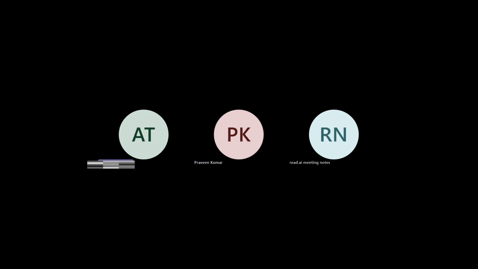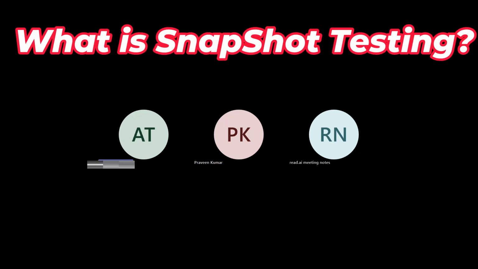Okay. Have you worked with any testing library? Yeah, in testing libraries I only use Jest to test. Okay. What is snapshot testing? Snapshot testing is mainly for our UI components, and it creates a snapshot of our whole component.